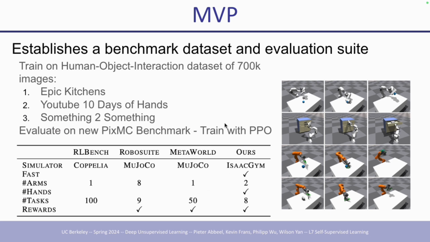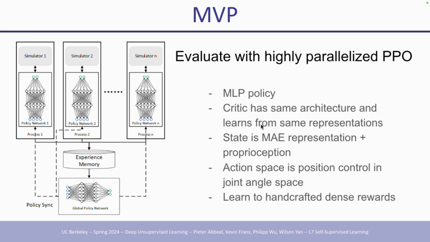The specifics, we don't have to get into in detail. This is the dataset combination they used: Epic Kitchens, YouTube, 10 Days of Hands, and so on. And they create this benchmark, which is essentially a collection of a variety of different robotics tasks. And they train all their policies using PPO.